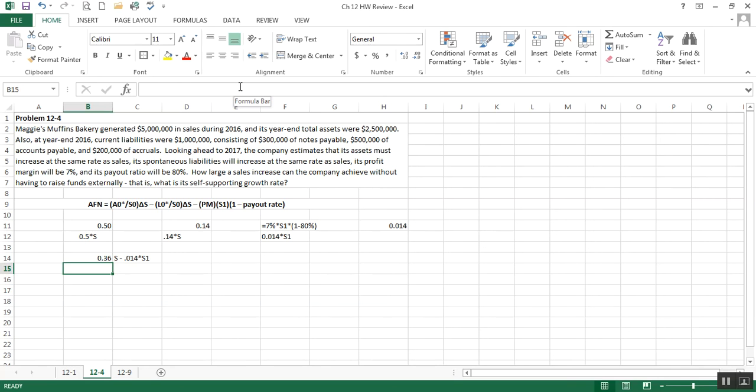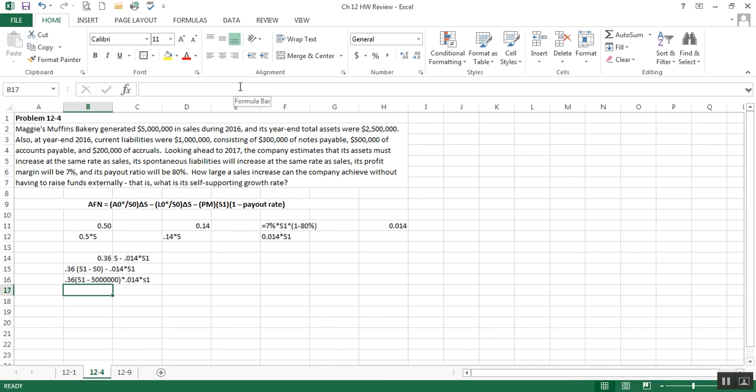And then we know that the change in sales is equal to 0.36 times S1 minus S0 minus 0.014 times S1. Okay, so now we know that 0.36 times S1 minus 5 million, which is our current year sales, times 0.014 times S1.